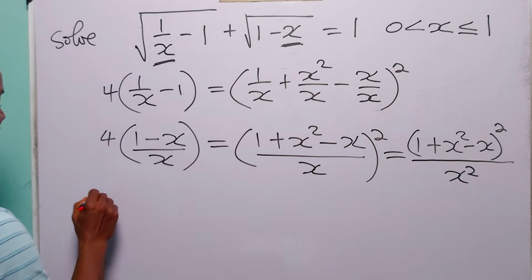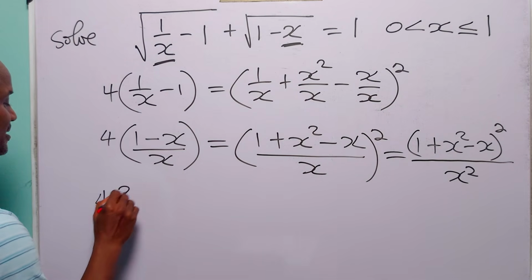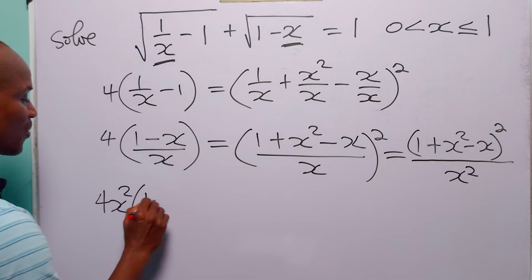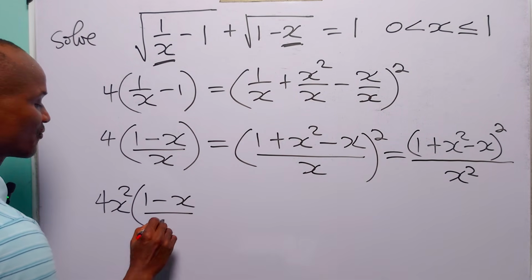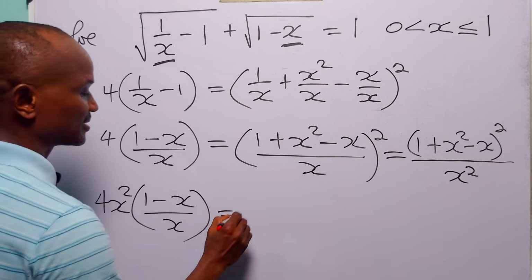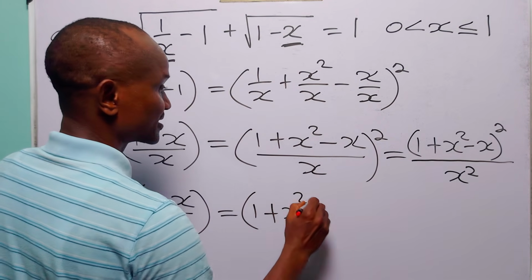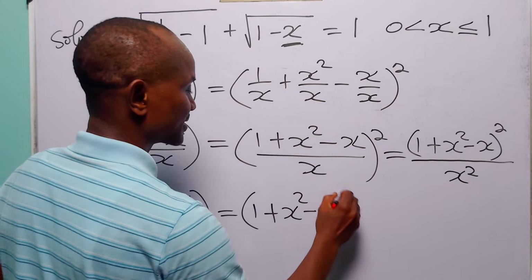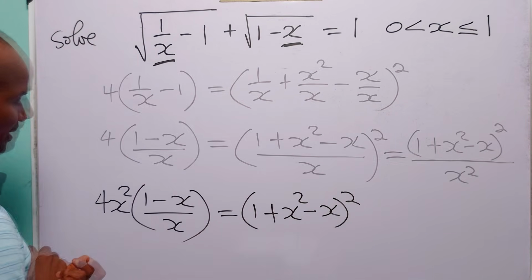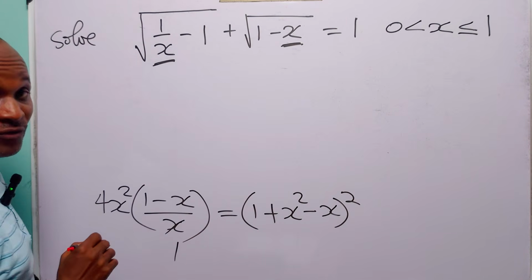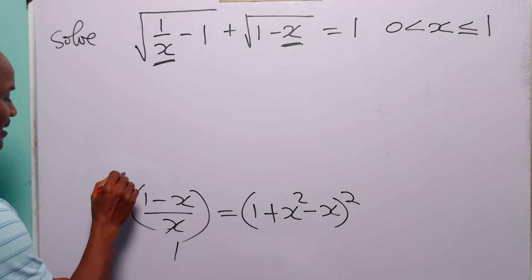When we do that, on the left we have 4x squared times 1 minus x over x, and this is equal to 1 plus x squared minus x squared. Now, x into itself is 1 and into x squared is x.